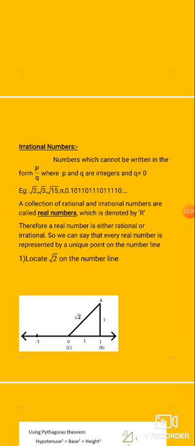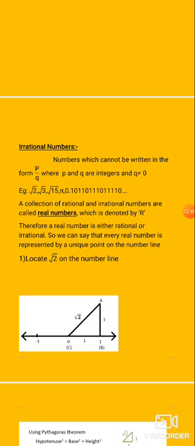First you need to draw a number line. In the middle portion, mark the origin as 0, here the letter O. After that, on the right side mark 1 unit. You can take 1 centimeter or 2 centimeters as the unit distance. Mark the point B. Similarly on the left side, -1 is there.